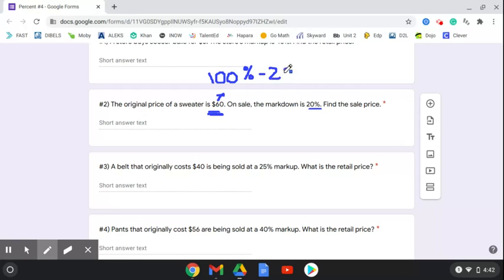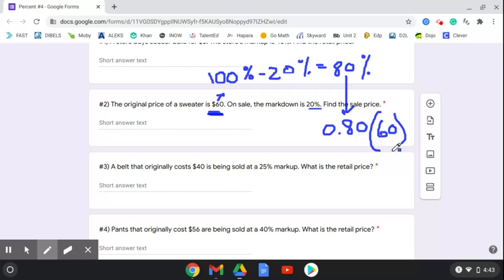So we could take 20% off of that 100%, and that means you're paying 80% of the original cost. 80%, what is that as a decimal? Well, that would be 0.80. Okay, so you multiply that by the original cost of 60, and 0.80 times 60 would give you 48.